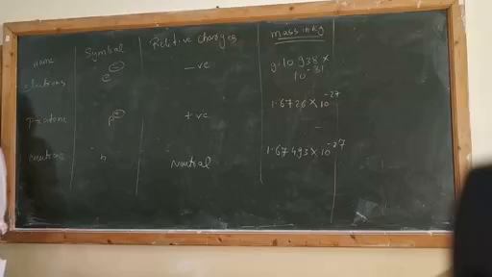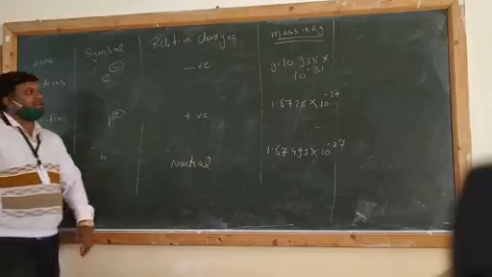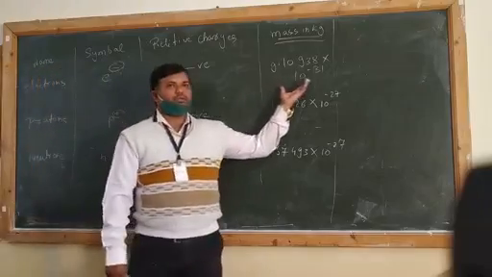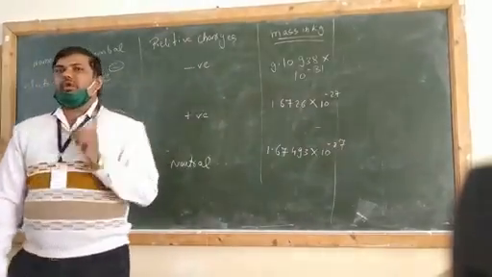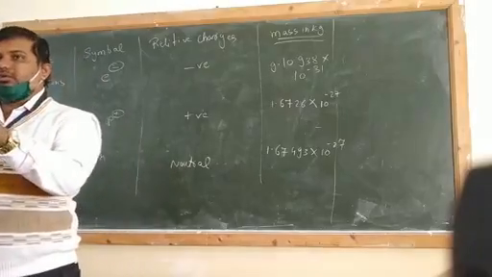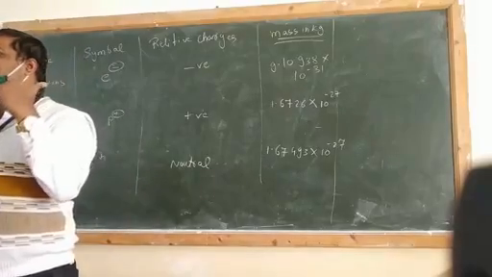Now you will ask me the question, sir, do we need to remember all these numbers? Because these are very huge numbers. Let me tell you, you don't need to remember, but you need to know what the masses of electron, proton and neutron are.